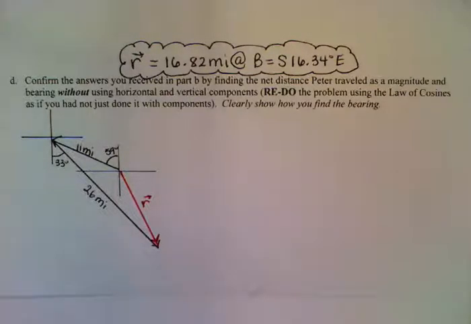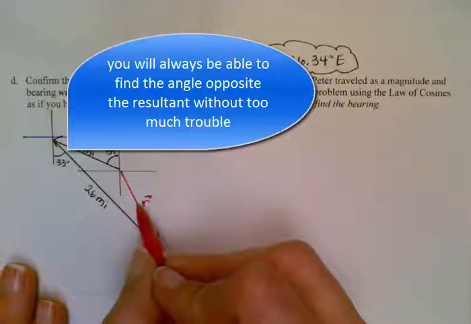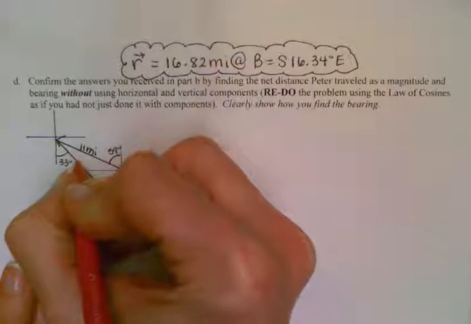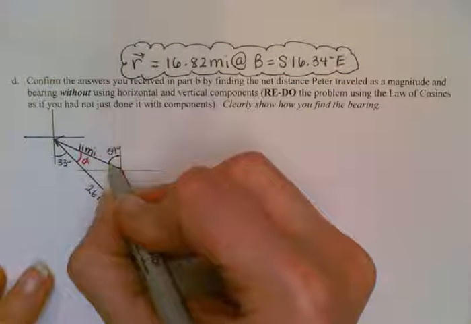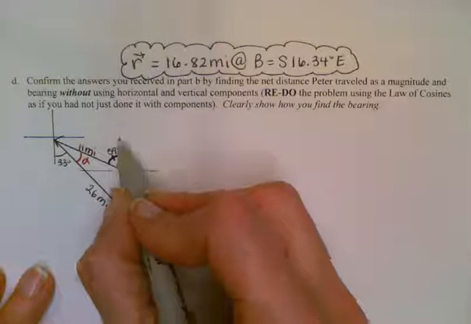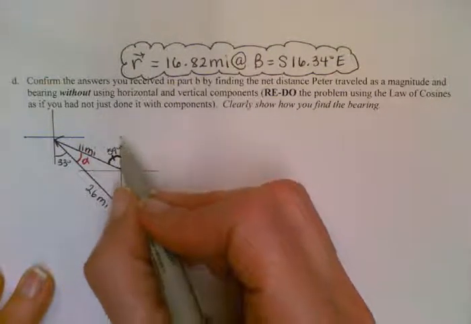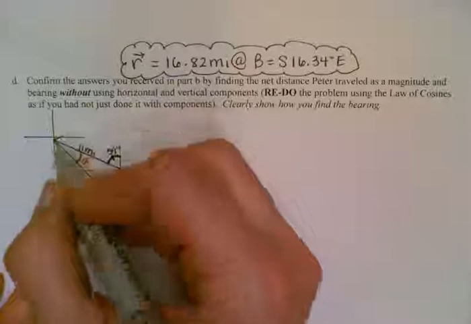Remember that when we're trying to use the law of cosines, we can always find, just using the geometry of the problem, the angle that's opposite our resultant. So in this case, the angle opposite the resultant is this interior measure. Our 59 degrees out here is congruent to the alternate interior angle that's formed with our parallel north-south lines and our 11-mile vector.